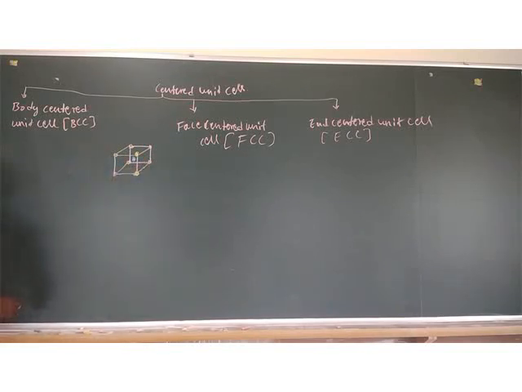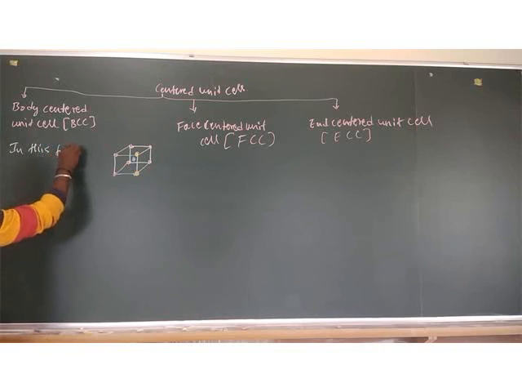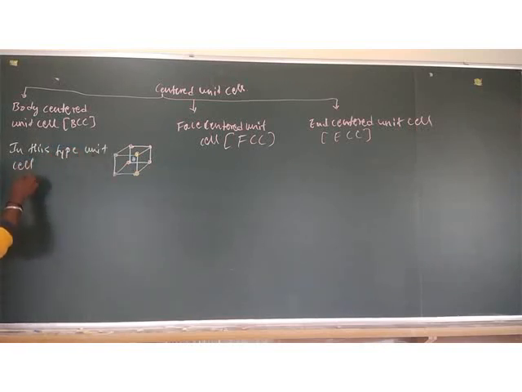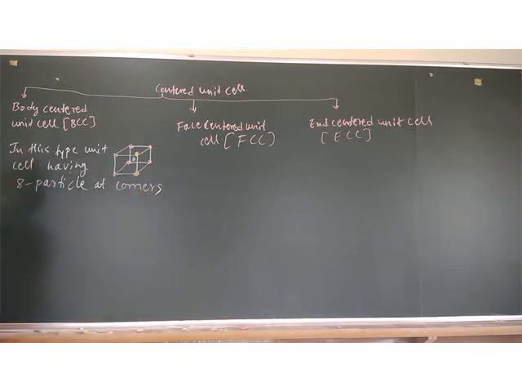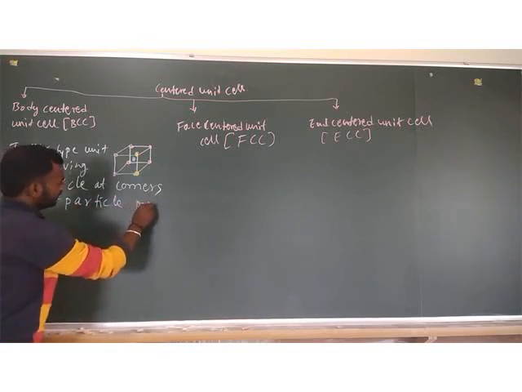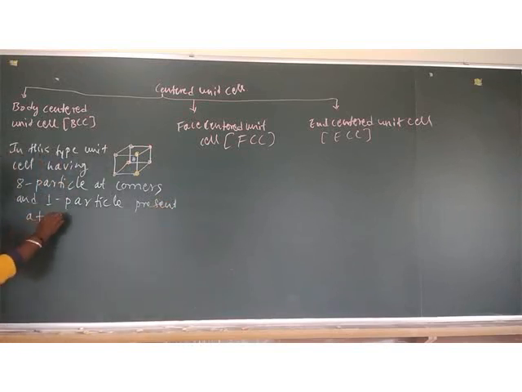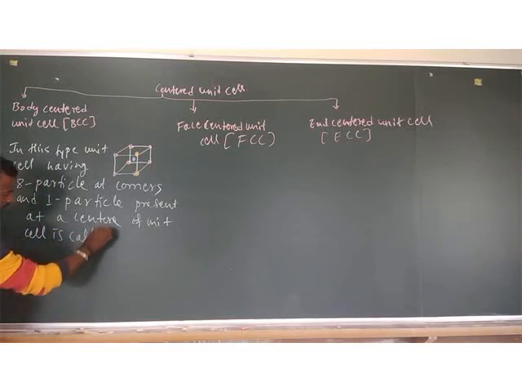So the definition. In this type, a unit cell having 8 particles at the corners and one particle present at the center of the unit cell is called BCC.